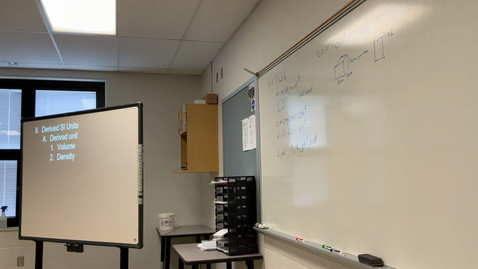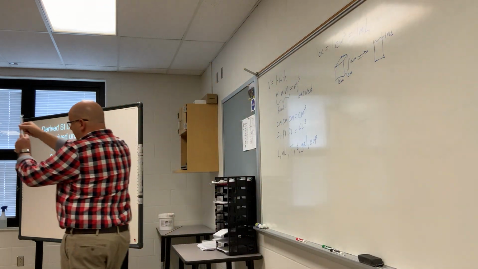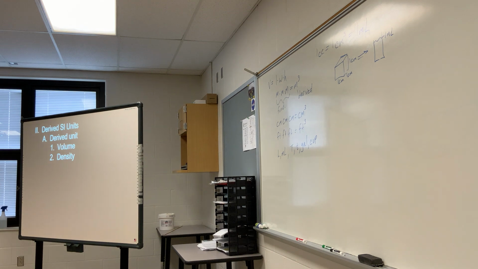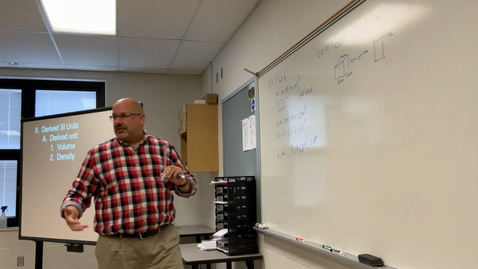So this is 1 milliliter of water, but it is also occupying the space of 1 cubic centimeter. If I were to pour this into a little tiny cube, it would be a cube that's 1 centimeter by 1 centimeter by 1 centimeter. That is the definition of a milliliter being also 1 cubic centimeter.